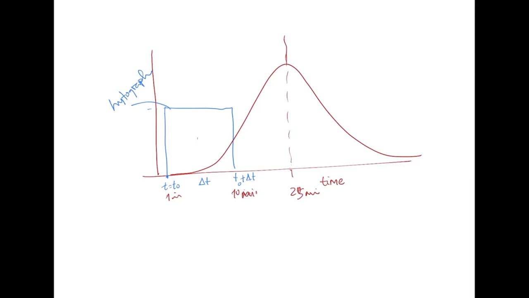So this is 1 minute, this is 10 minutes, so the center must be (10 minus 1) divided by 2. 10 minus 1 is 9, divided by 2 is 4.5, so the width is 9, meaning exactly half over here. So 1 plus 4.5 is 5.5 minutes.